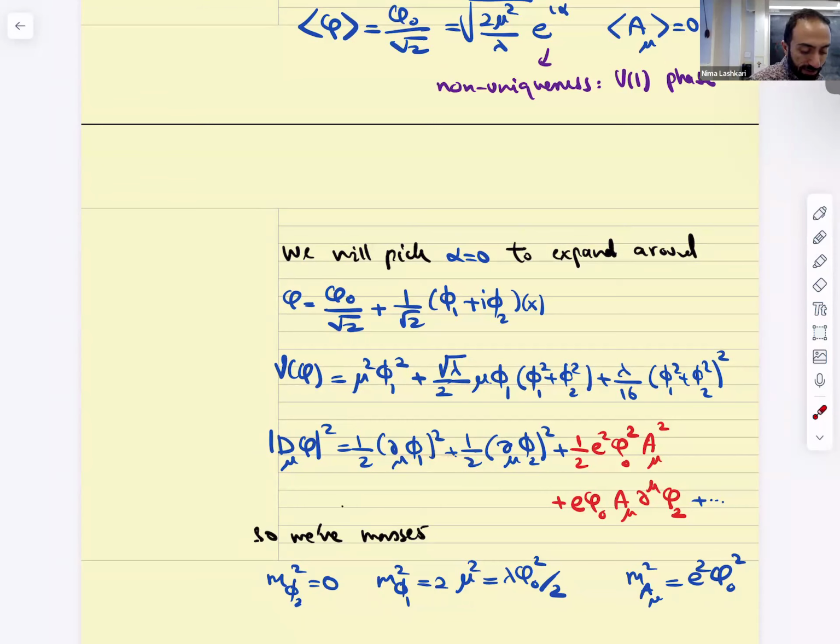This is the real field, this is the imaginary part of the field, the fluctuating fields. They come with the usual kinetic terms. A mu picks up a mass term from the vacuum of phi: half e squared phi naught squared. Then there's a term that couples A mu to del mu phi 2.